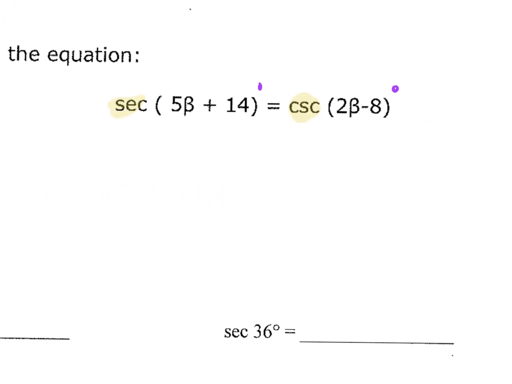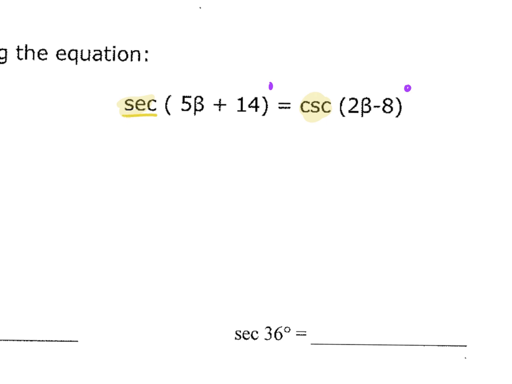Okay, on this one, similarly, if you notice secant, cosecant, those are cofunctions, right? So that means that these two angle measures have to add to 90 degrees. And so we're going to solve again. So 7 beta plus 6 equals 90.